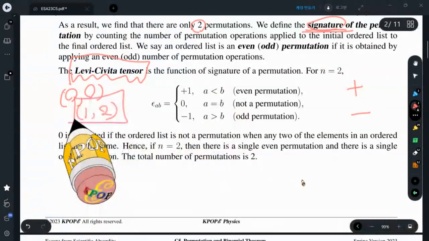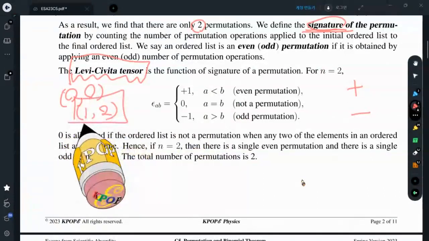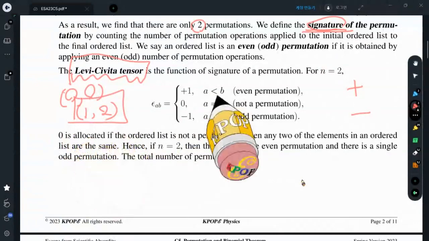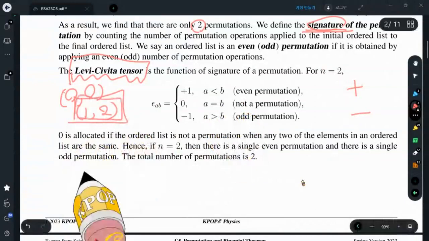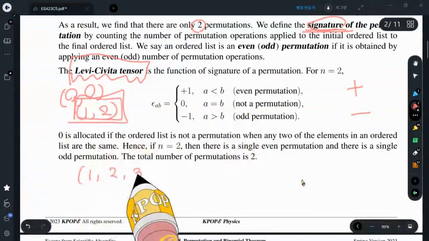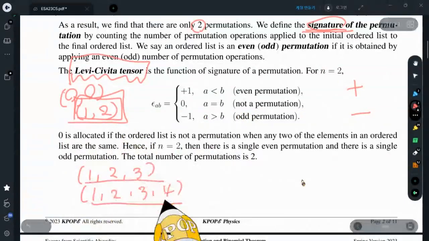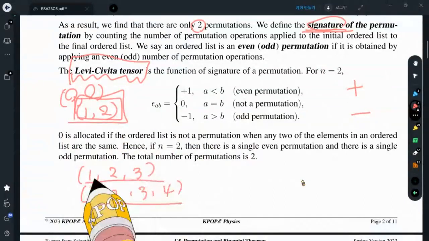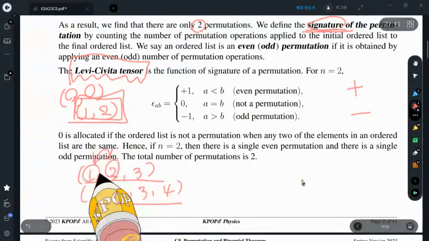We define the ordered one, whose indices are increasing monotonically, as the first one. If we have 1, 2, 3, 4, the simplest ordered list, we define it as an even permutation. From this, I'd like to exchange any two elements.